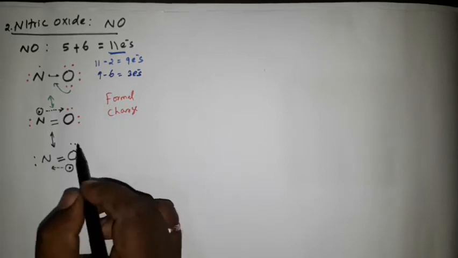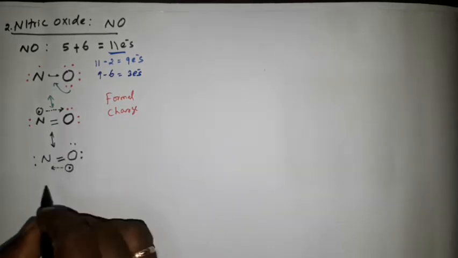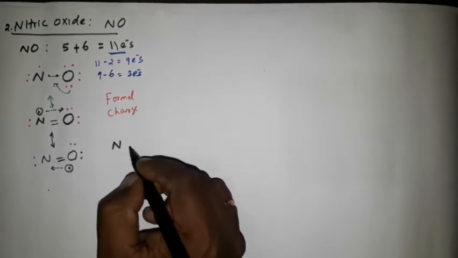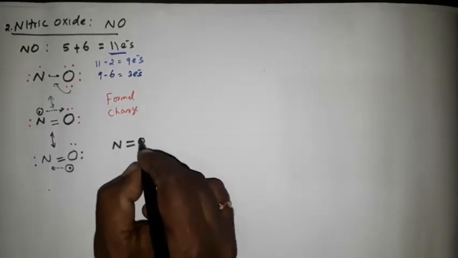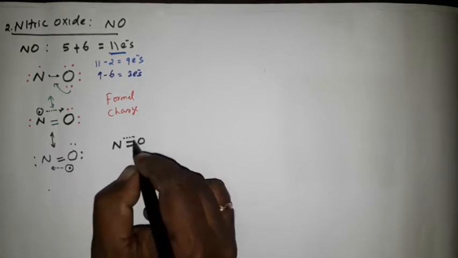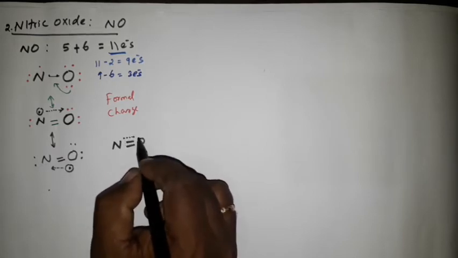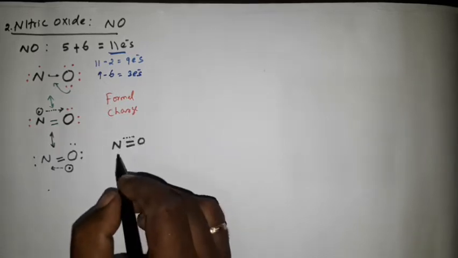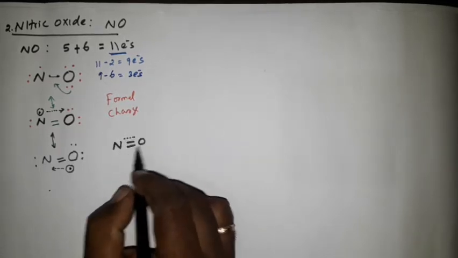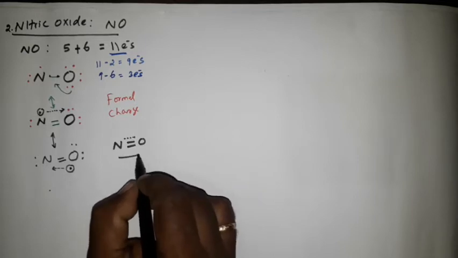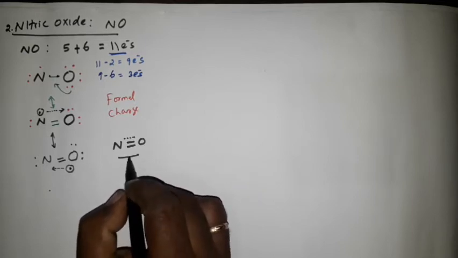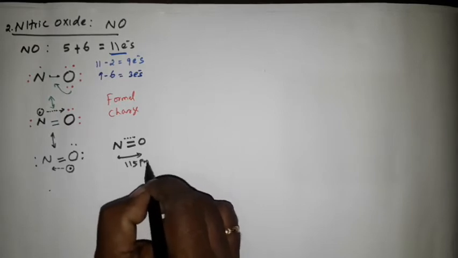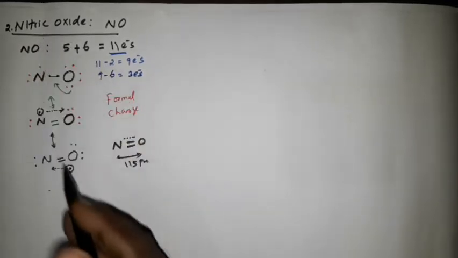Right. So we can represent the structure like this: nitrogen double bond oxygen, with the shifting of electron from nitrogen to oxygen or oxygen to nitrogen. The distance between this nitrogen and oxygen is 115 pm, picometer. Okay. So that's all about the structure of nitric oxide.